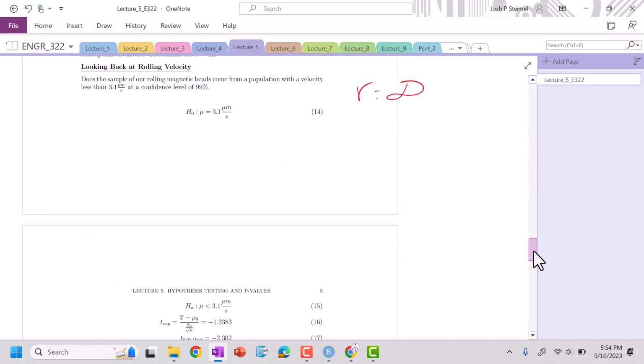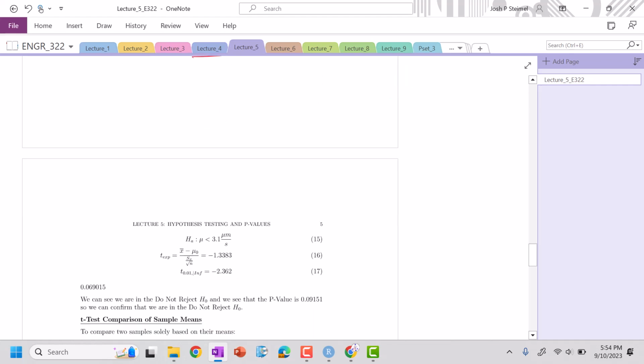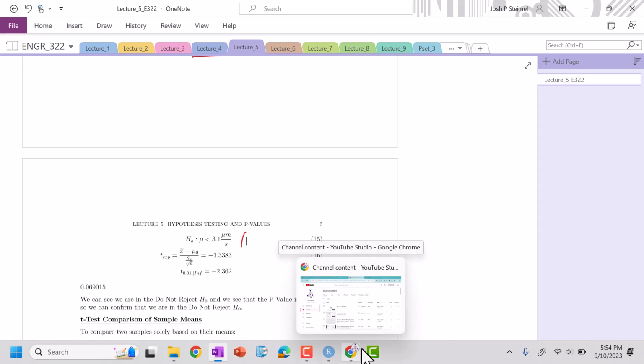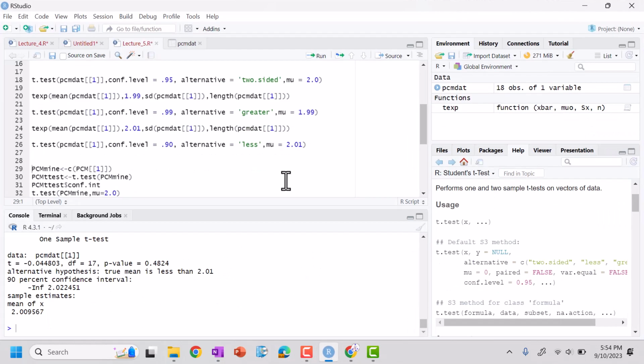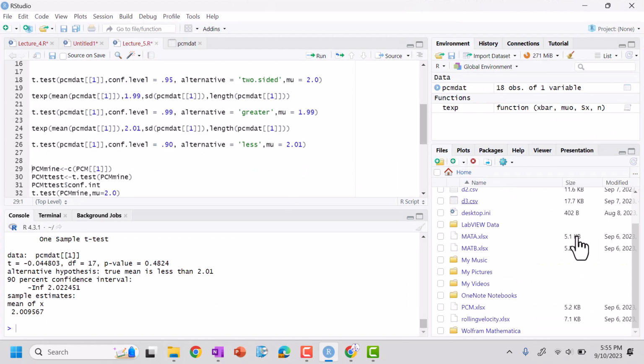So let's do a large sample size. Let's look at the rolling of our beads: does it come from a population velocity of 3.1 at 99%? This is less than, so that's going to be a left tail test. Let's pull in our data. Where's our files?